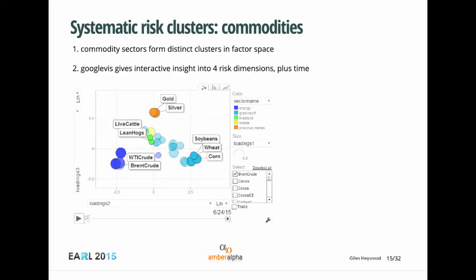And what's quite surprising, because this doesn't happen for equities, is that here the sectors of futures do group nicely. So you've got energy on the bottom left, and agricultural grains on the bottom right, etc. That's really nice, and we're using Google Viz clearly here, although this is just a screenshot.